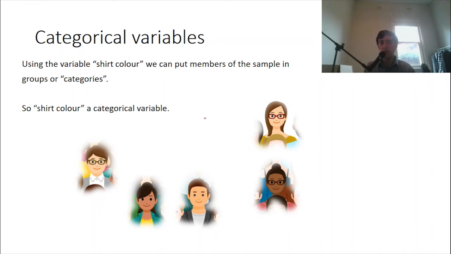So shirt color, for example, is a categorical variable because we can put people in groups or categories. For example, yellow, white, blue. We don't have any blue shirts here. But we can put people into these categories or groups, and we can count how many people are in each category or group. So categorical and numerical variables.